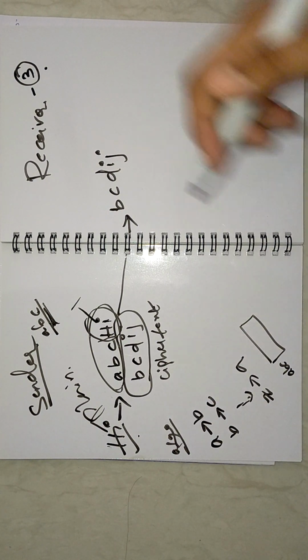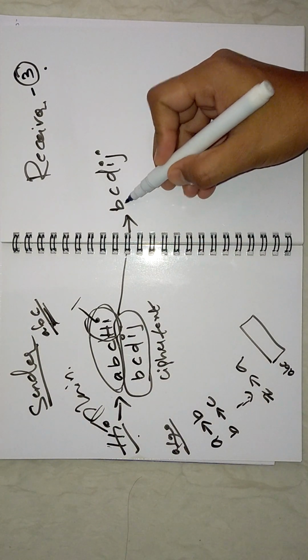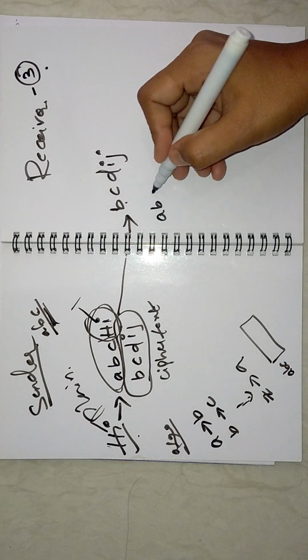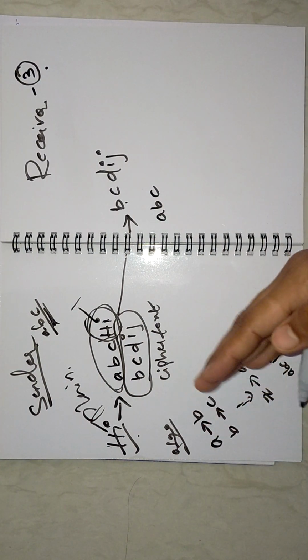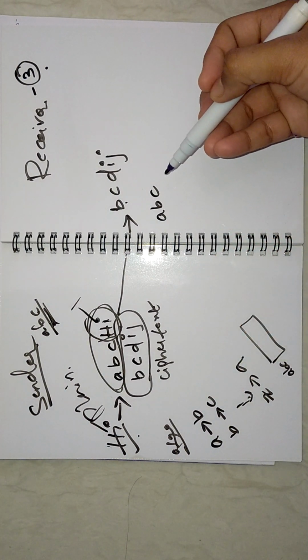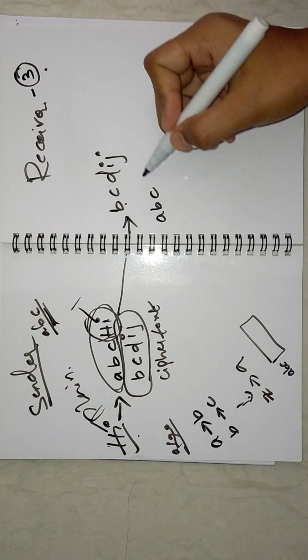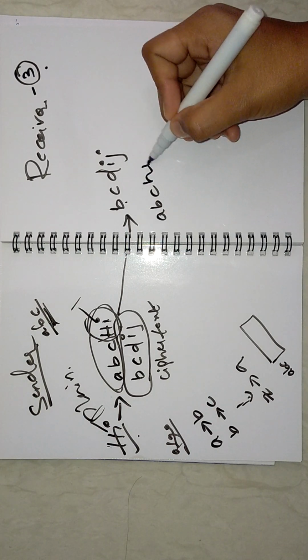For B we replace it with A, for C with B, for D with C, because we converted A to B, so the reverse is B to A. And then I means H, J means I.